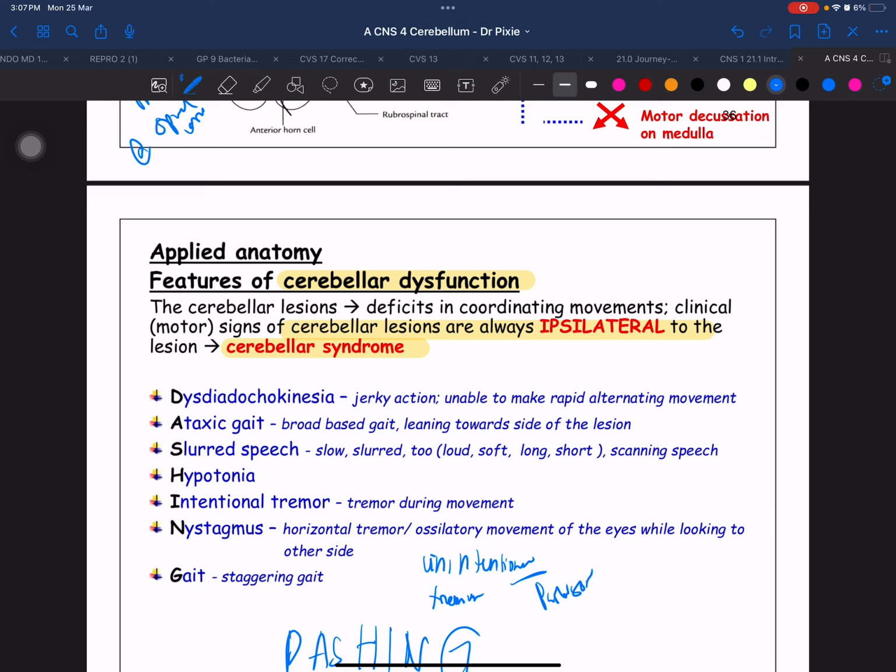Someone will have ataxic gait, they will have slurred speech, hypotonia, intentional tremor, nystagmus. Remember DANISH. Now, which of the following is not a cerebellar sign? Atonia.